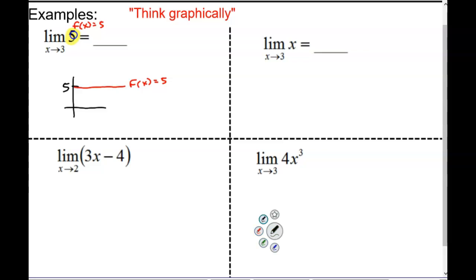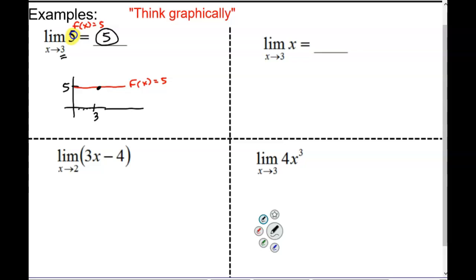So now what is the limit as x approaches 3? So as I approach 3, what's my output? 5, right? Does it matter what x is? What if x was 10? I would just go further out here, but my line will always be 5.